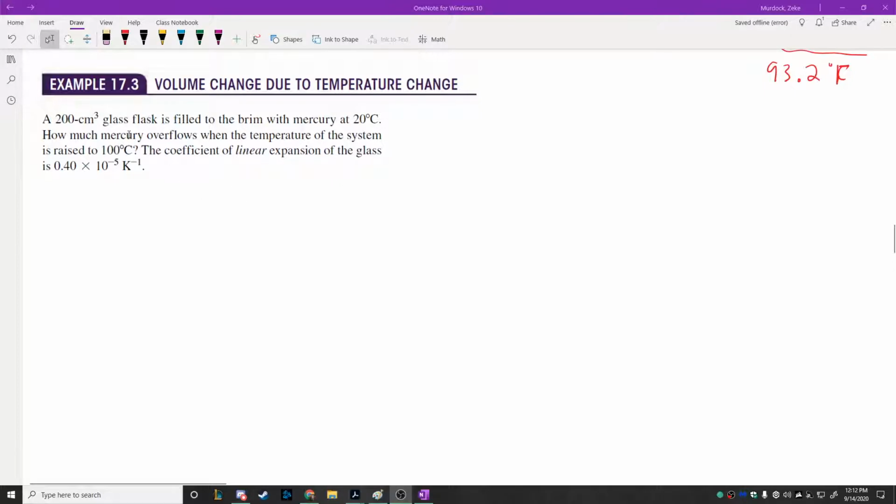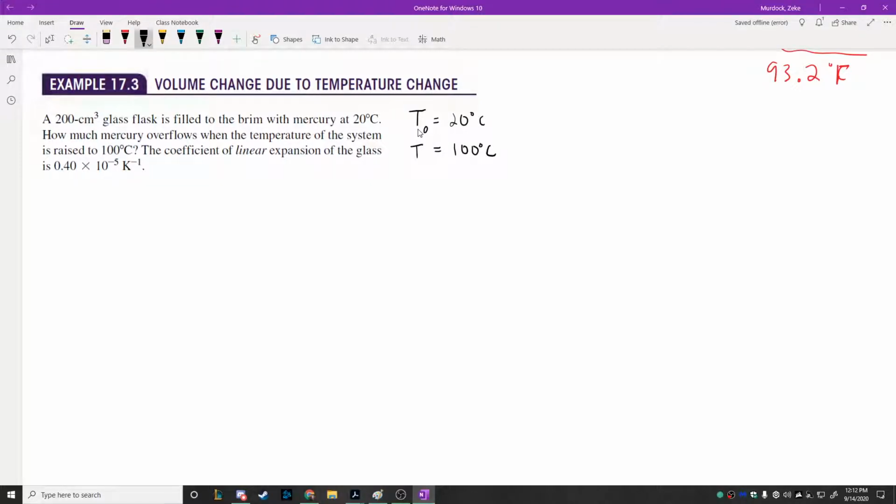All right, so we have a 200 centimeter cube glass flask that's filled to the brim with mercury at 20 degrees Celsius. How much mercury overflows when the temperature of the system is raised to 120 degrees Celsius? So we go from an initial temperature of 20 degrees Celsius to a new temperature, call it the final temperature, just T, of 100 degrees Celsius.